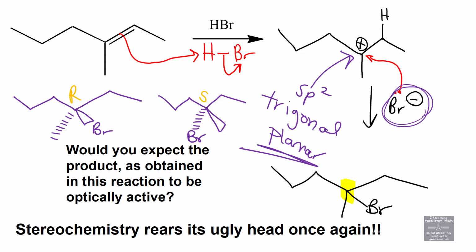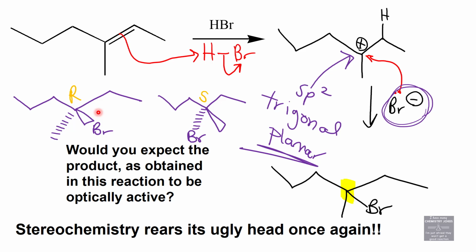Okay, so because this reaction went through a carbocation that is sp2 and trigonal planar, when the nucleophile attacked said carbocation, it generated these two products. Because the carbocation is trigonal planar, do you think this is important? Yeah. Because the carbocation is trigonal planar, when the nucleophile attacks, it can attack from the top side or the bottom side.